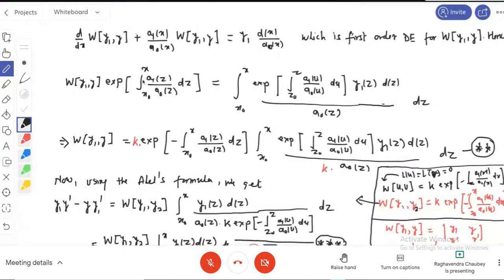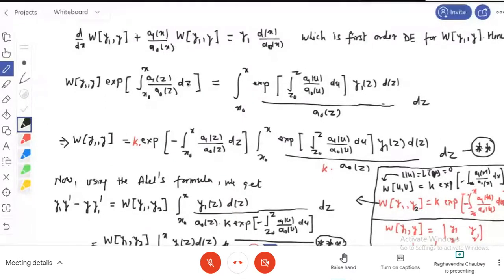Here in your problem, some initial conditions are given, meaning x starts from x0. So that's why we take the limit x0 to general x. If we take that limit, then in the integrand we change the variable, because if you write a function of x, then dx, and integrate, the upper limit is the same. So we change the integration variable.